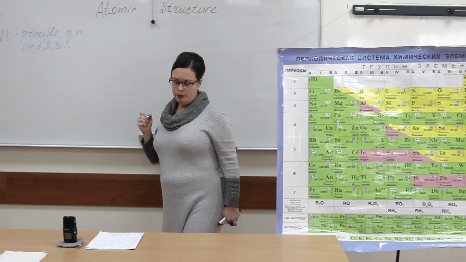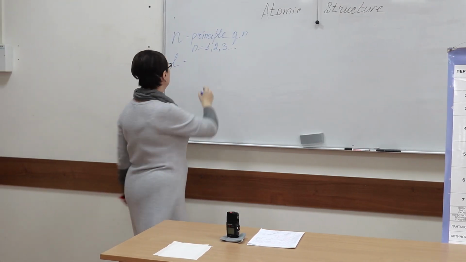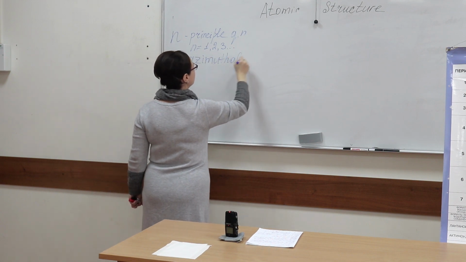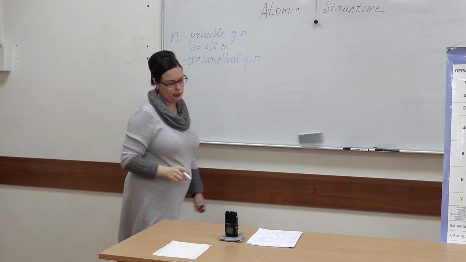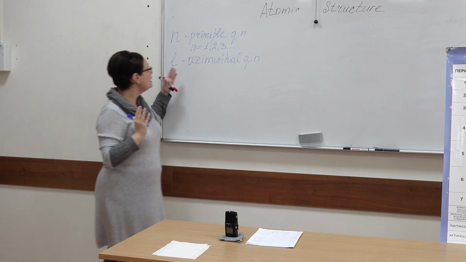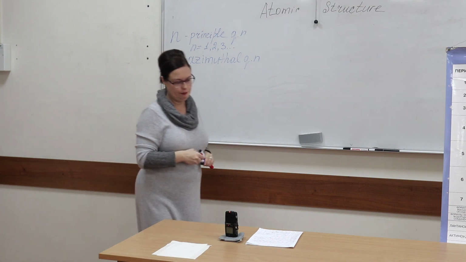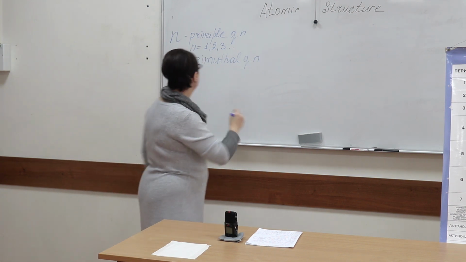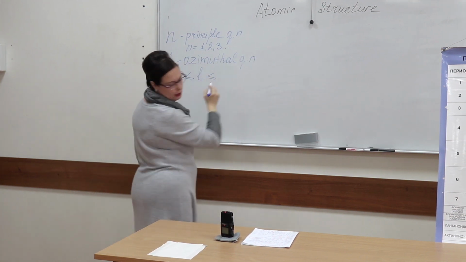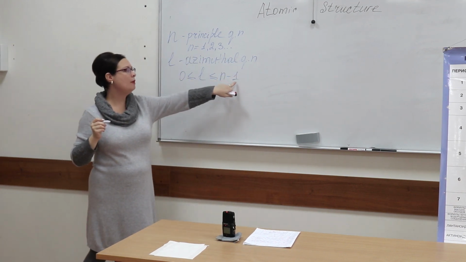The next quantum number, l, is the azimuthal quantum number. The orbital meaning of the azimuthal quantum number is subshell or sublevel. It can take values from 0 to n-1.